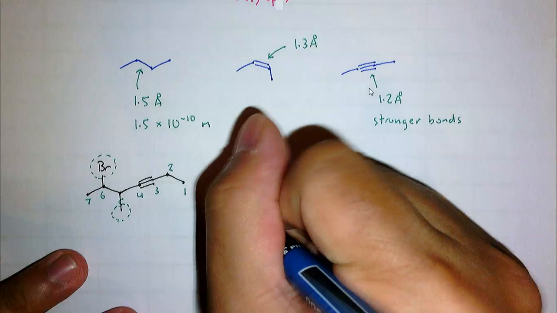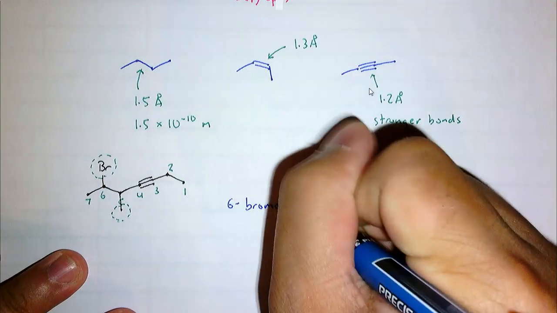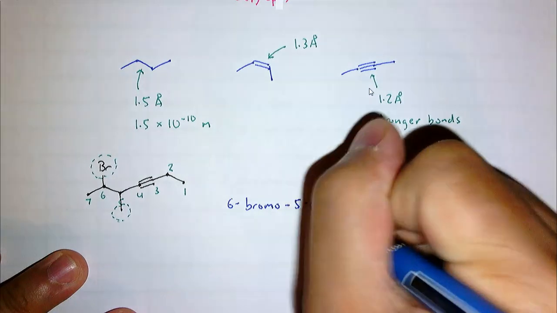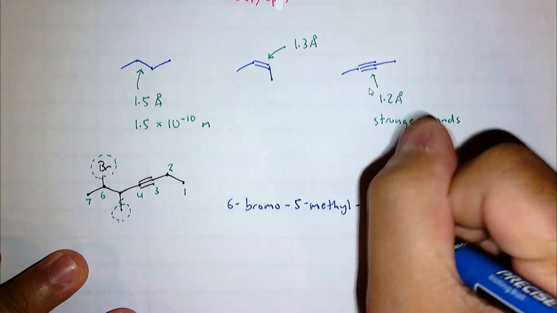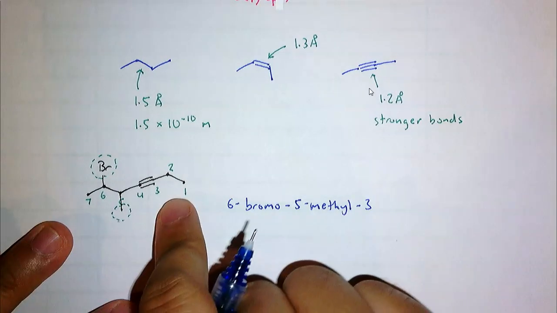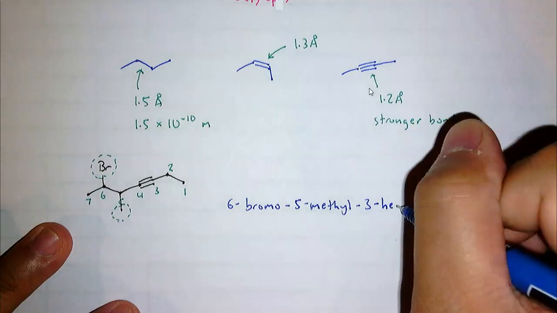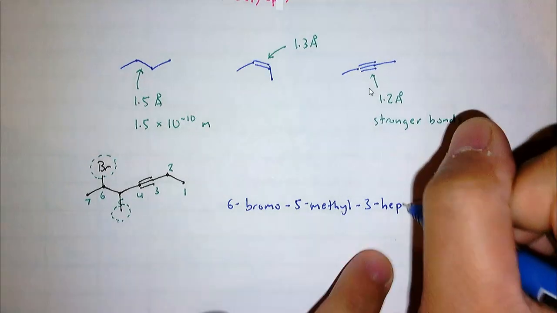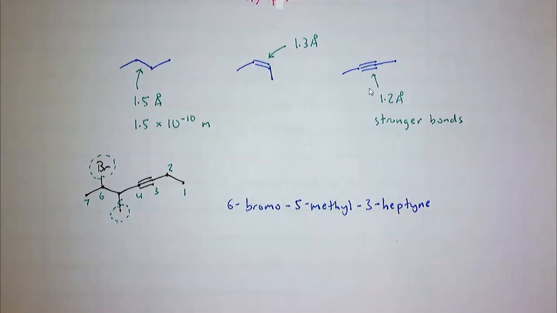You alphabetize your substituents: 6-bromo, 5-methyl. You locate where the triple bond is: 3. It's a heptane, but instead of ane, you use yne, heptyne. That should be the name there.